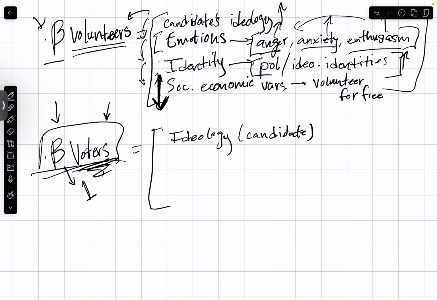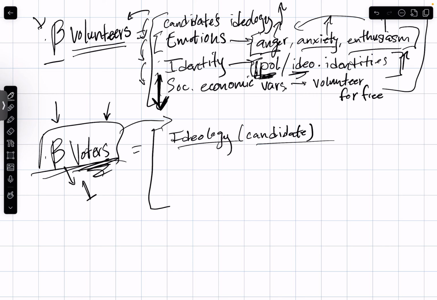The difference between voters and volunteers is that candidate ideology, even if it matters the same way, in the sense that voters want their candidate to have an ideology that's more in line with them, it matters probably a little less than for volunteers. Okay. But we can get into the weeds on that too, right? Some volunteers are more political identifiers, more party identifiers, partisans.